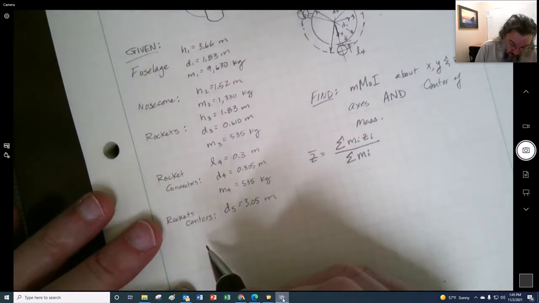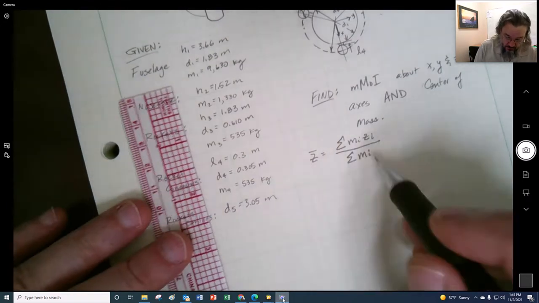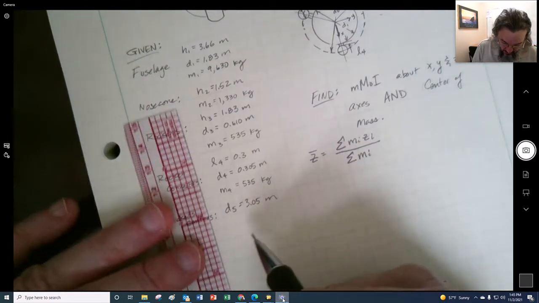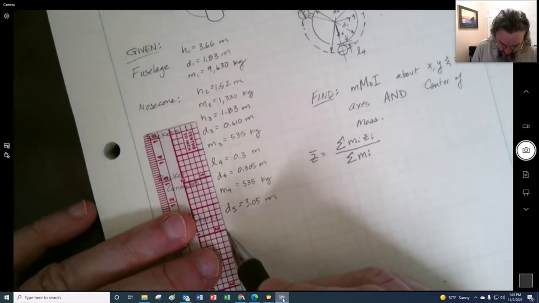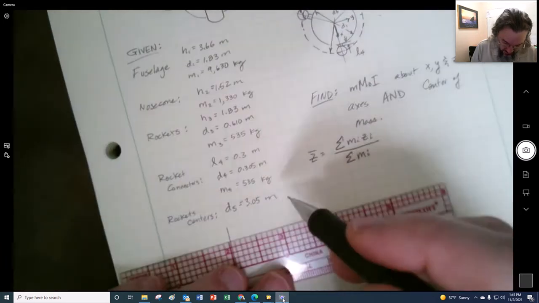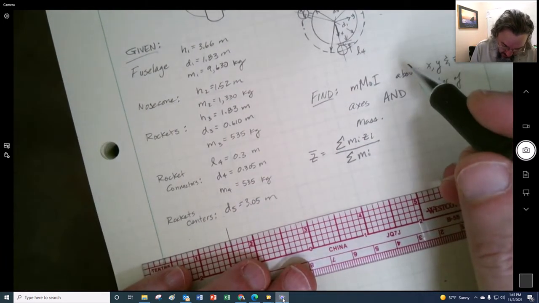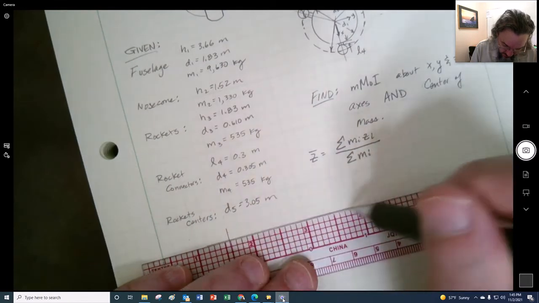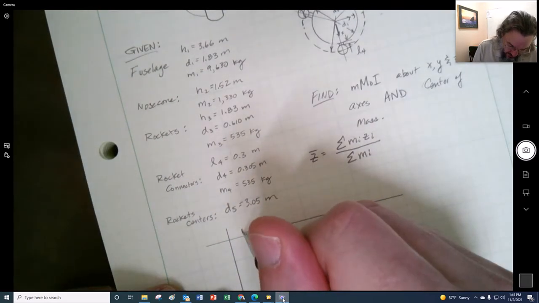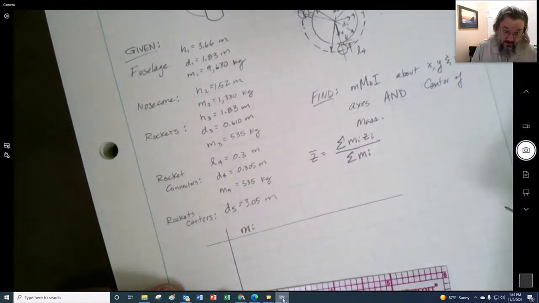Best way to do this, I think, is to make a table. This is the equation that we're using, but we will make a table here. My first thing to put in here is the m_i's.